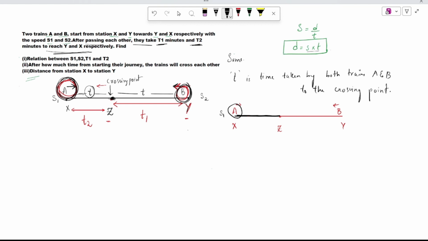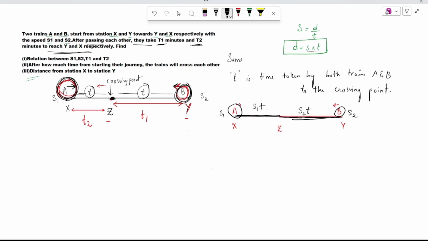The speed of train A is S1, so speed into time: S1 t. Similarly, from the crossing point to station Y, this distance is traveled by B in time t. So this distance can be expressed as S2 t, because the speed of train B is S2.